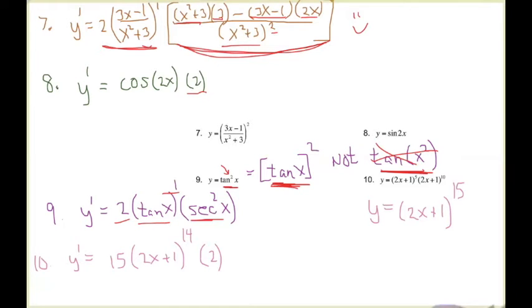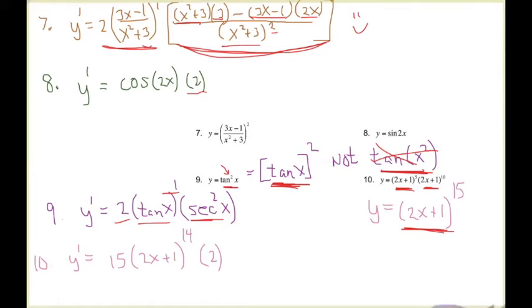9 looks good. Number 10, how many of you did the product rule? Notice that we've got 2x plus 1 as the base, and then 2x plus 1 as a base again. We can rewrite this as 2x plus 1 to the 15th. If you missed that and you proceeded to do the product rule, that's fine.